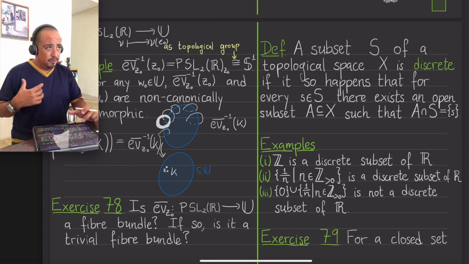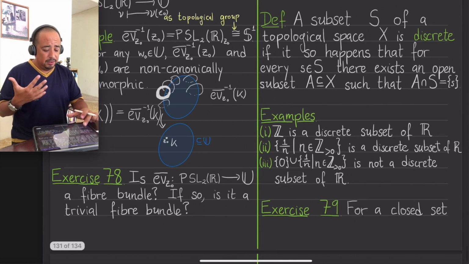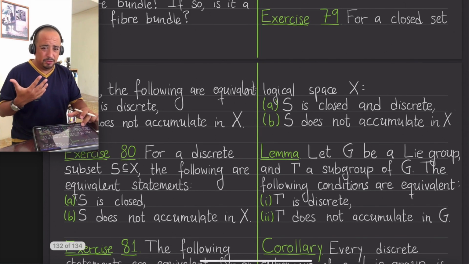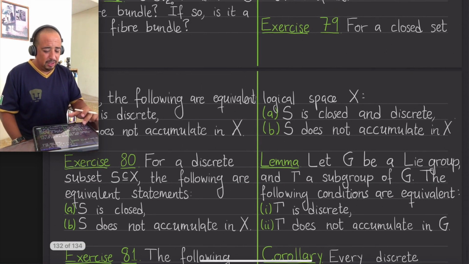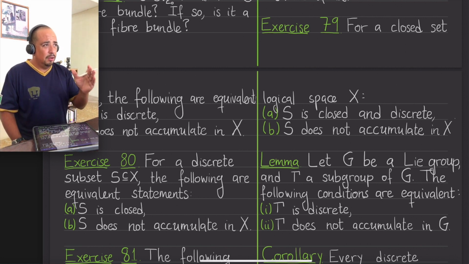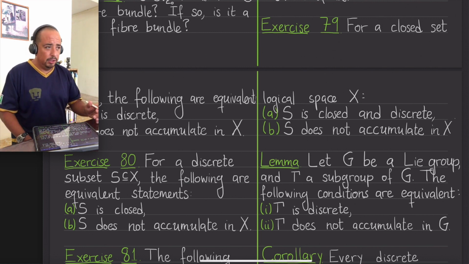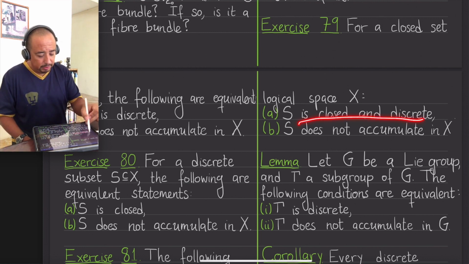So it may sound like discreteness is not a good notion, or like in order to have a well-behaved notion of discreteness, you really need to impose closed and discrete.